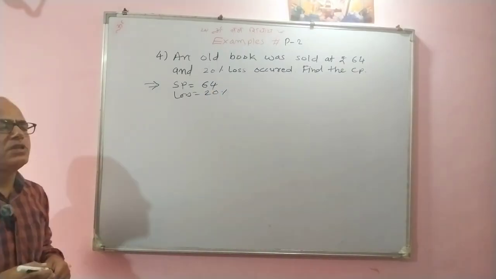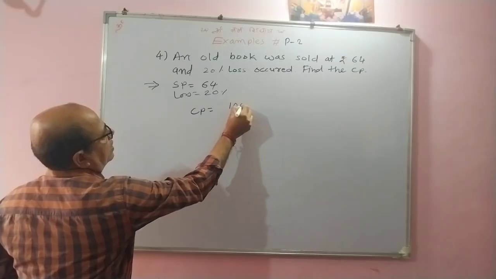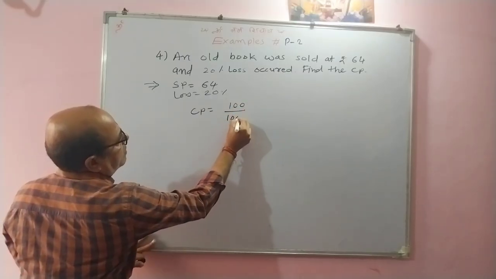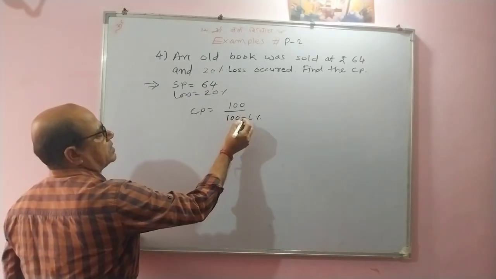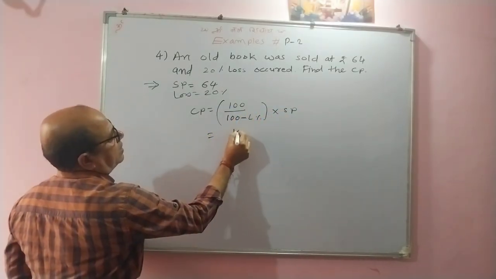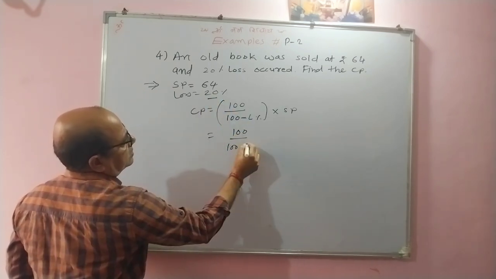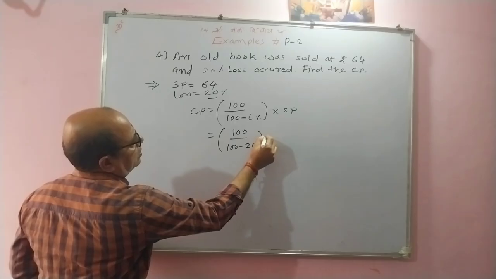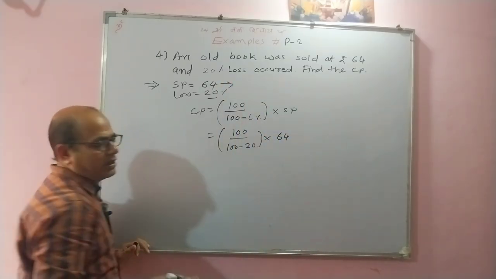Here also you have to use the formula: CP is equal to 100 upon 100 minus loss percentage into SP. When loss is given, you have to subtract, because loss is minus. So 100 minus 20 into SP, 64.